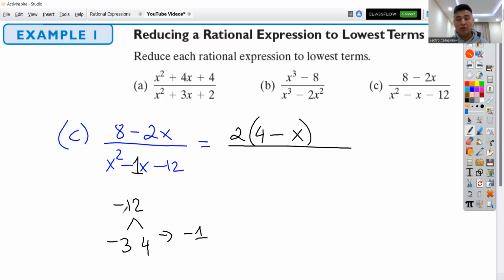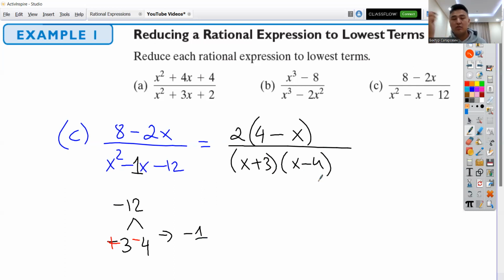Yes, I get negative 12, but when I add them, I will not get negative 1. So I have to change the signs. Positive 3 multiplied by negative 4 will give me negative 12, and when I add them, 3 plus negative 4 gives me negative 1, which works for us. So x plus 3, and then x minus 4.